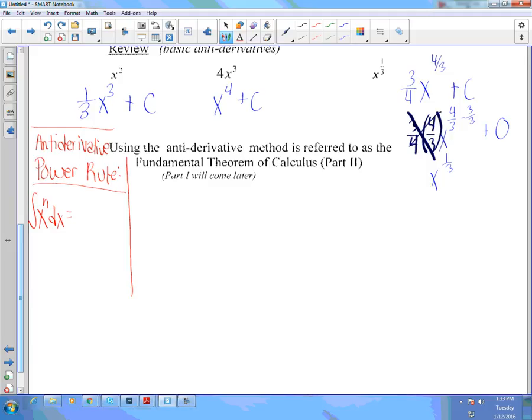What's going on with the denominator each time? You add 1, and it becomes the denominator. So we're going to do 1 over n plus 1, x to the n plus 1. So the power increases and you divide by that power.